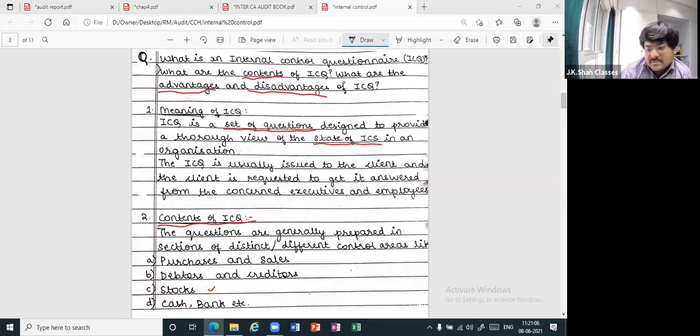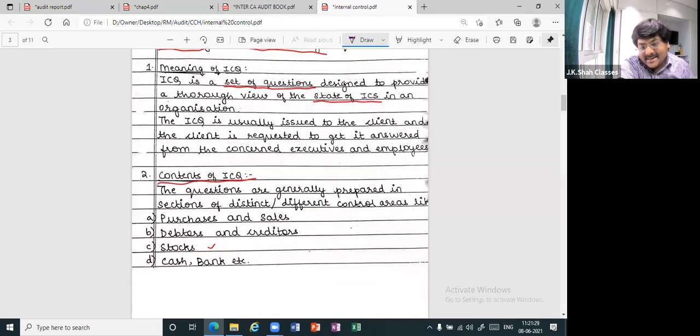Rain, yes, rain. It will take care of the entire monsoon.